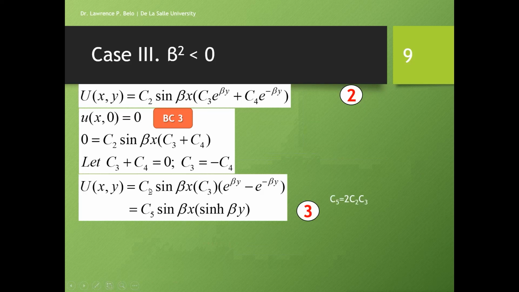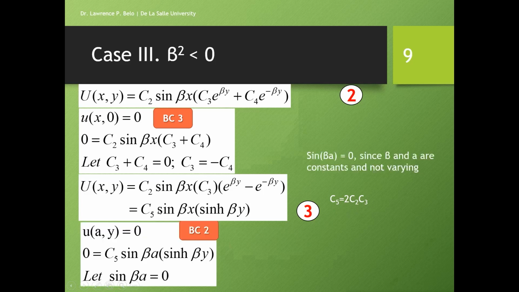And then, mapapansin nyo, para lang siyang kanina yung hyperbolic. So, this one, you can say, this is C3 e to the beta y minus e to the negative beta y. So ito magiging 2 sine hyperbolic beta y. However, yung 2 times C3 times C2, ayun no, you can say that that is equal to C5.